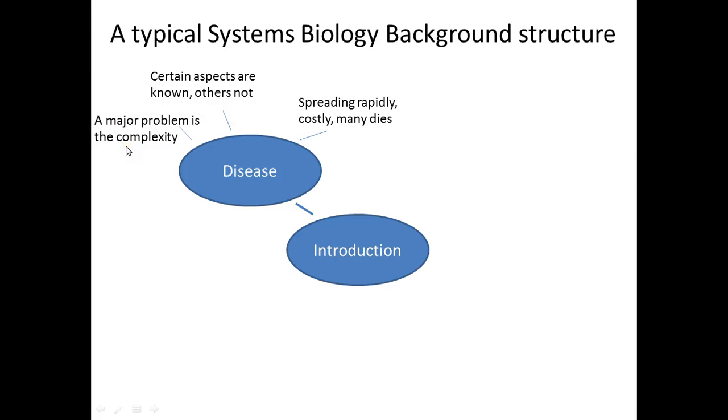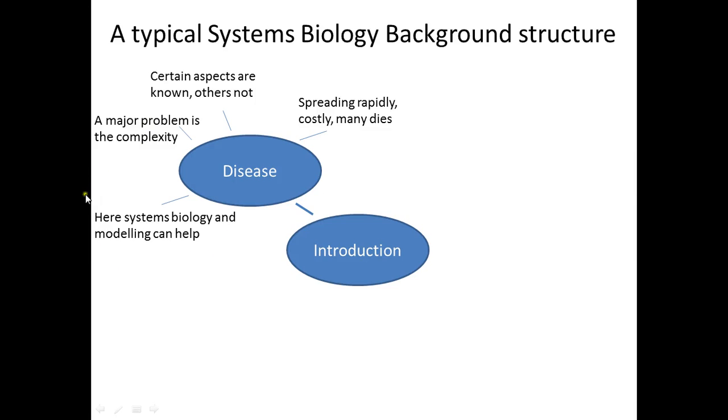There are so many things affecting each other in a complex interplay that it's really hard to unravel how these things work. And then you can say that, well, this is the problem. And then systems biology and mathematical modeling can actually be part of the solution to dealing with this complexity.